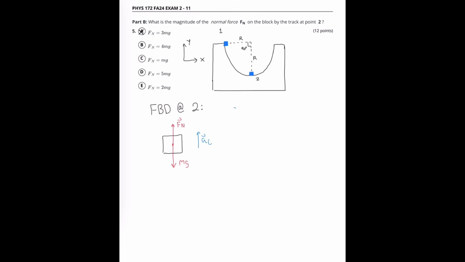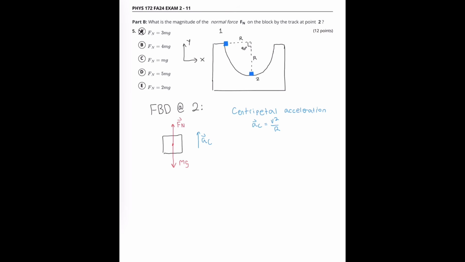And in this case, centripetal acceleration will act upward because it always points towards the center when we're doing circular motion. And we can define centripetal acceleration AC as equal to the velocity squared over the radius, v squared over r.